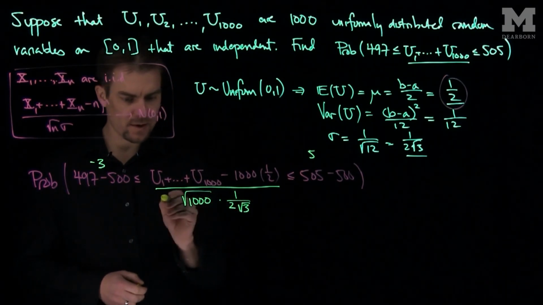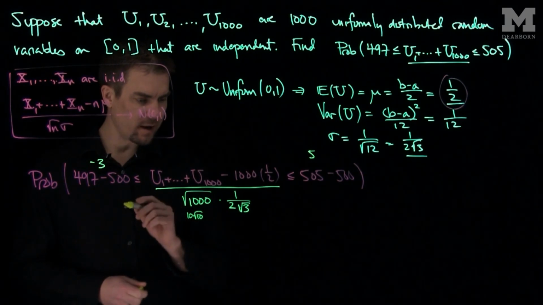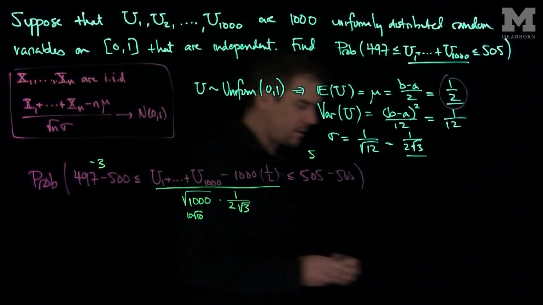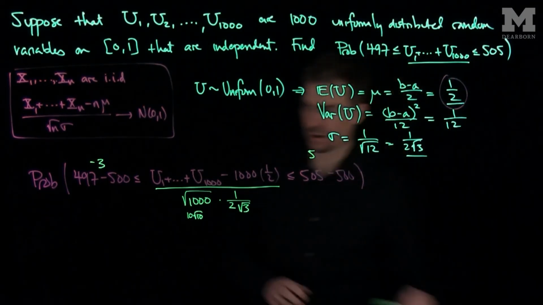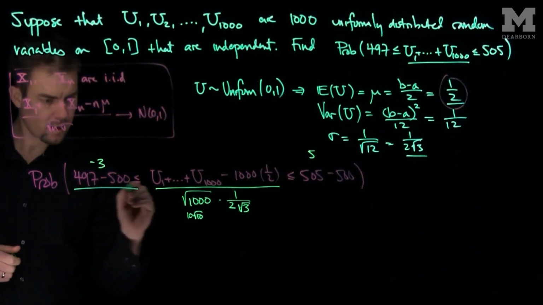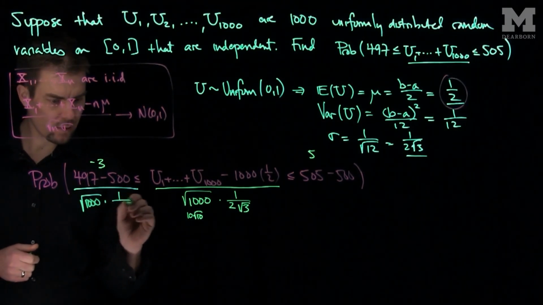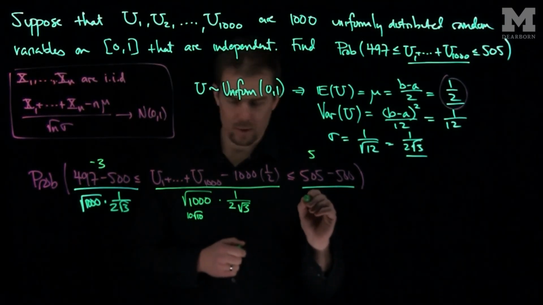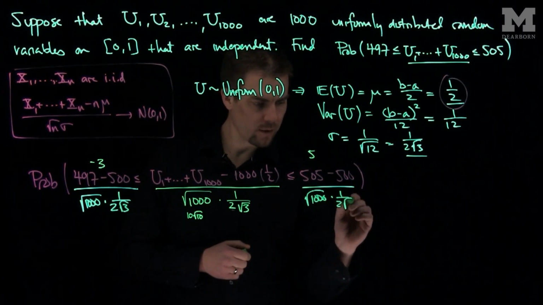So we can simplify this as 10 root 10, and then the 2 and the 10 will cancel out and turn to a 5. And we'll have to divide that everywhere as well. Divide this by the square root of 1,000 times 1 over 2 square root 3, and divide this by the square root of 1,000 times 1 over 2 square root 3.